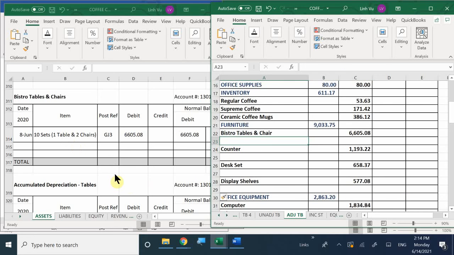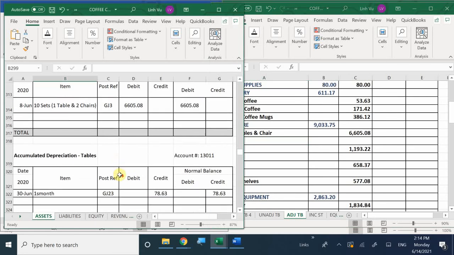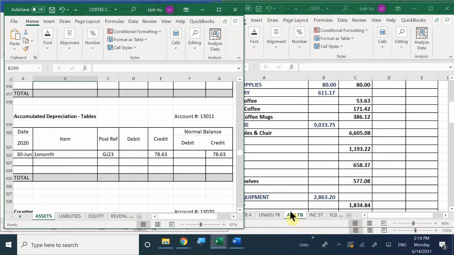Our very first contra account is going to be the accumulated depreciation for the tables. Obviously, everything is at historical cost value, so none of my values here are going to change. The only change I'm making is adding my contra accounts, because depreciation reflects the amount that you actually used of the machines or whatever asset you have in the company.